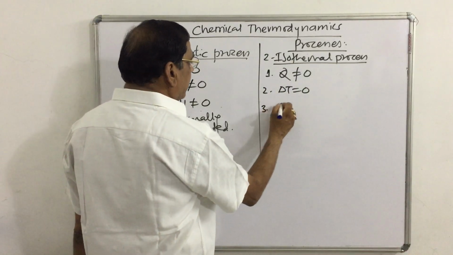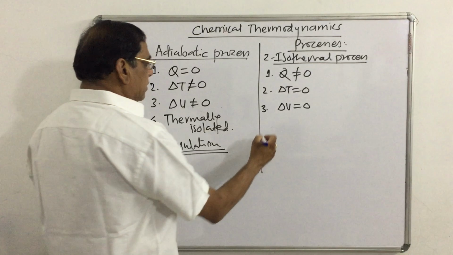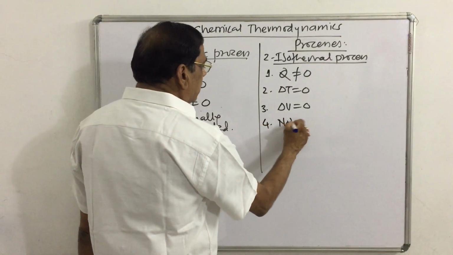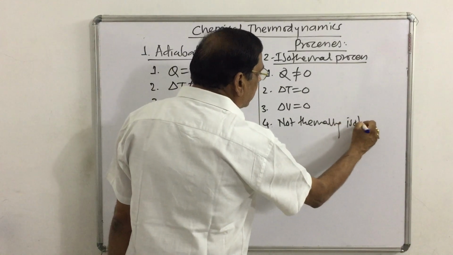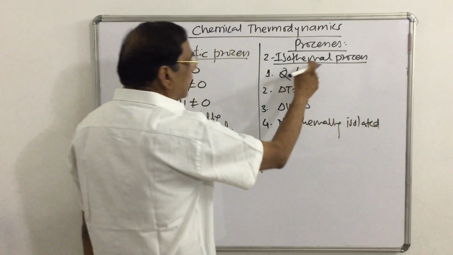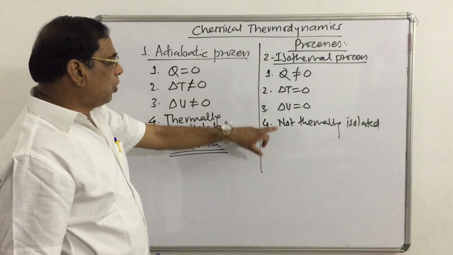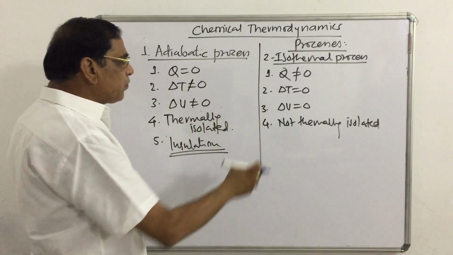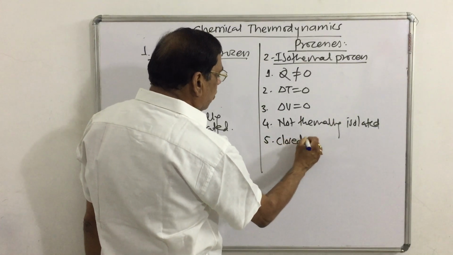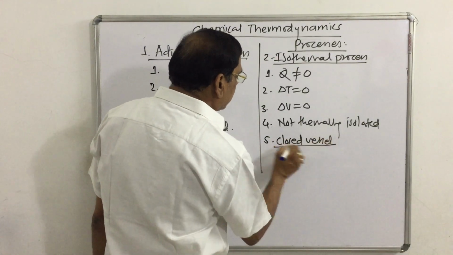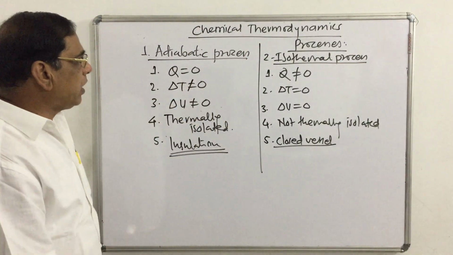As the temperature remains constant, internal energy is also constant, and thus the system is not thermally isolated, because here the system can exchange heat with the surrounding. Generally it takes place in a closed vessel. That is called an isothermal process.